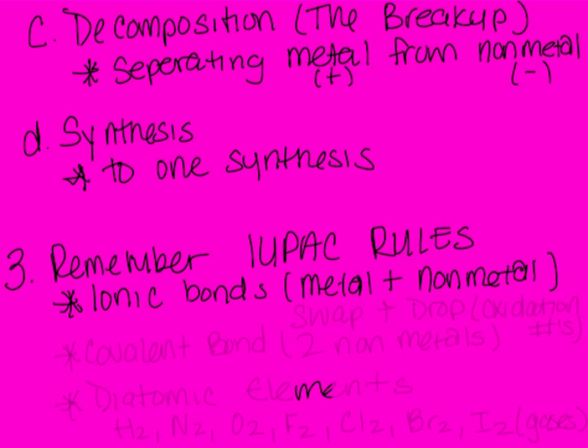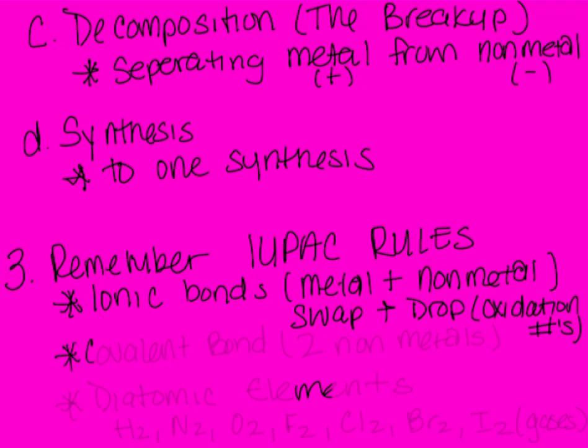Once you pair your metal with the non-metal, you also must do the swap and drop. You must swap and drop. And in order to swap and drop, you're going to need oxidation numbers. So if you're my student, you know that you have to swap and drop with an ionic bond.